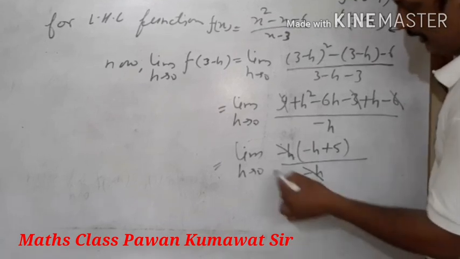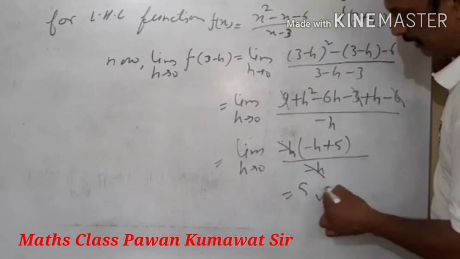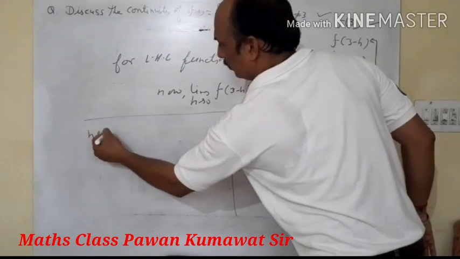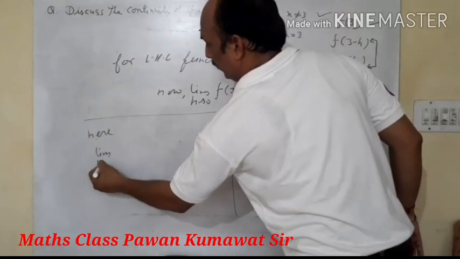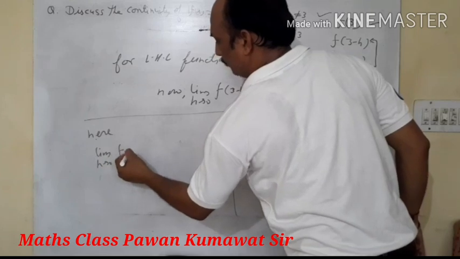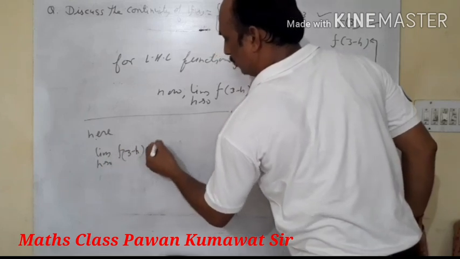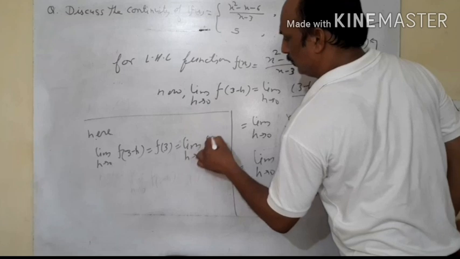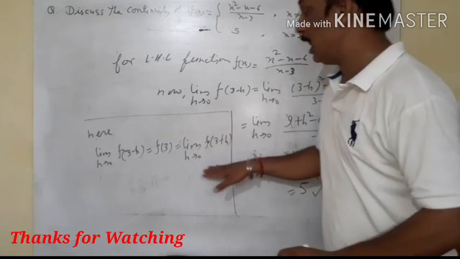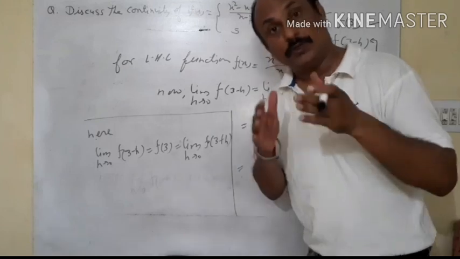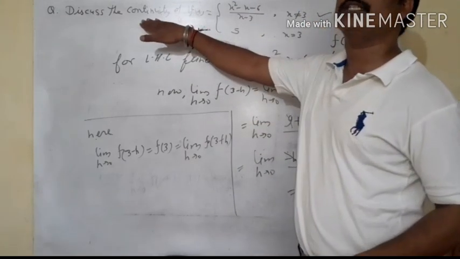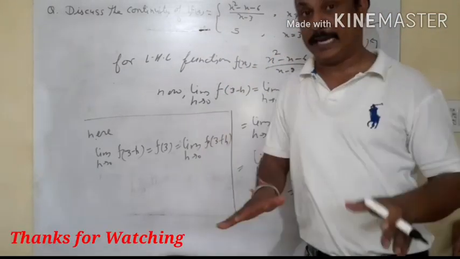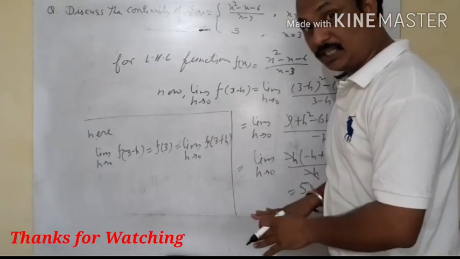This cancels with this, and put the value of h as 0, then we get it is equal to 5. Here limit h tends to 0 f(3 minus h), f(3), and limit h tends to 0 f(3 plus h) are equal. So we can say this function is continuous at x is equal to 3. Is that clear? Can we solve these types of questions?